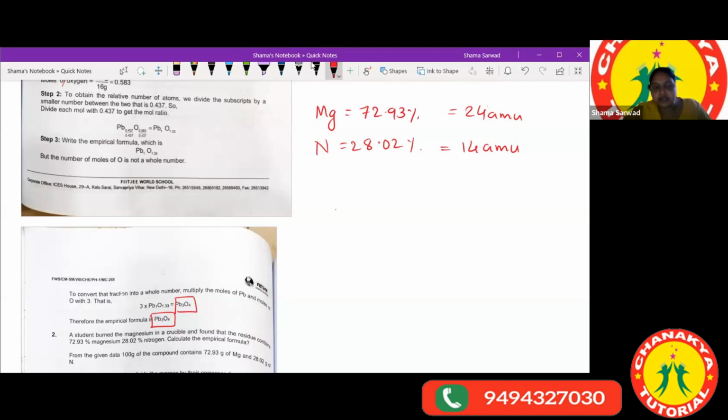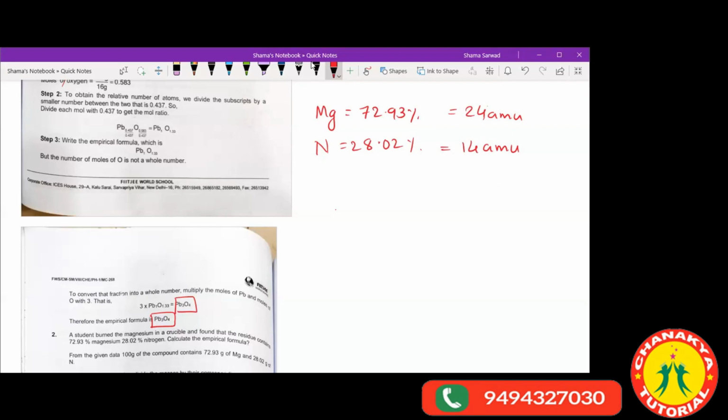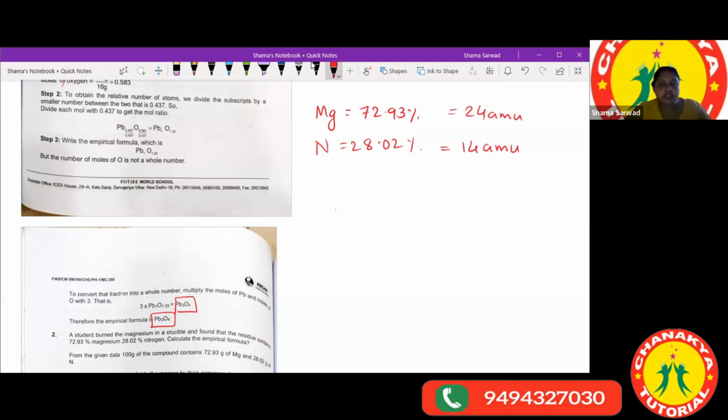Understood about the empirical formula? Everyone? Okay. So tomorrow we will focus on the molecular formula and then combine problems of empirical formula and molecular formula. And whatever test problems I gave you are really very easy. If you face difficulty, please text me. I'll drop the solutions in the group itself. Because if we do the same things, we will get stuck at that particular point and won't get time to complete our content.